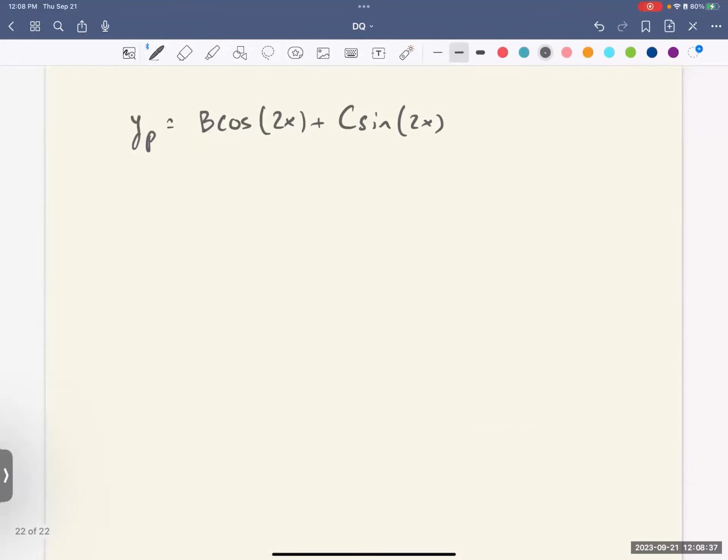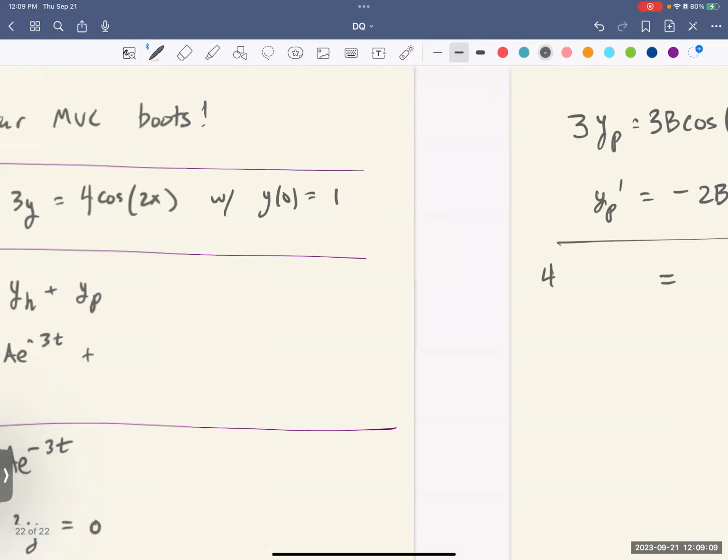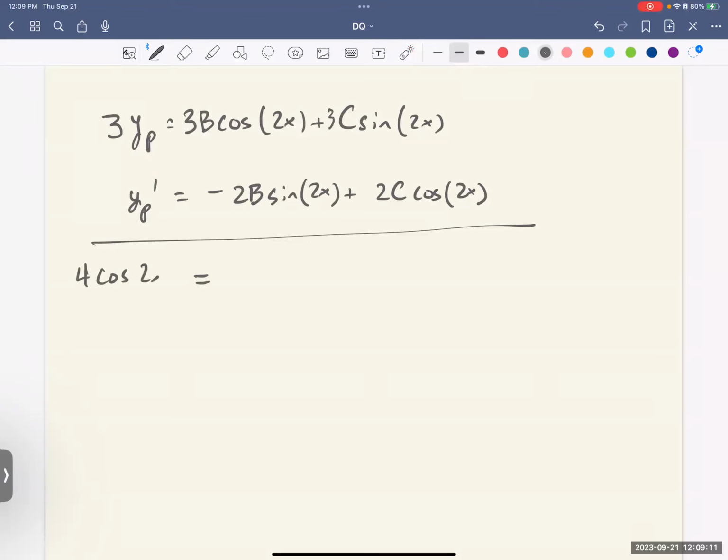So y prime is negative 2b sine 2x plus 2c cosine 2x. So there's y prime. We need 3y. So let's multiply the original y sub p by 3. Now we have 3b cosine 2x plus 3c sine 2x. We're going to add those up and set it equal to the right-hand side, which was 4 cosine 2x.